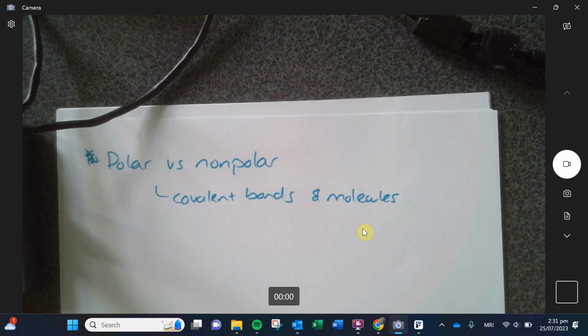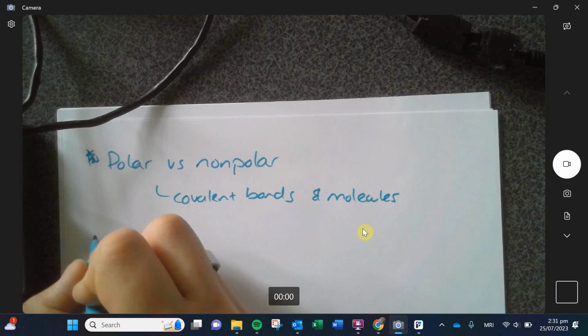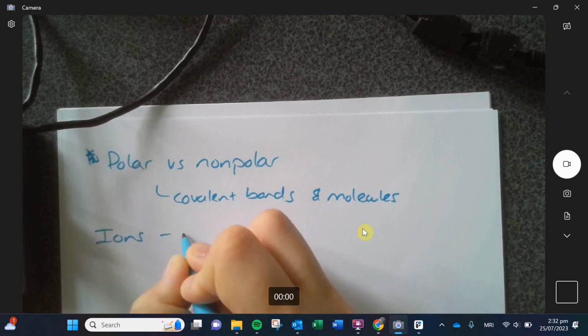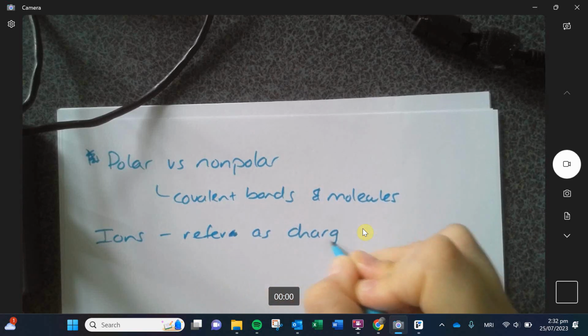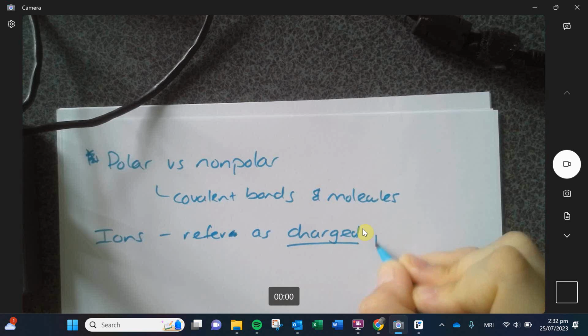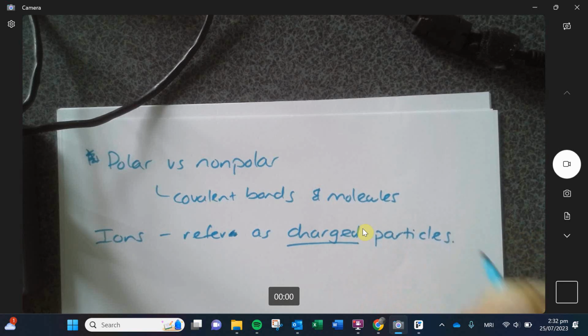If you are talking about ions, you refer to them as being charged particles. So basically what I'm trying to get you guys to be careful of is if you're talking about ions and you're saying, oh, the sodium ion is polar, I would mark you as incorrect because that is not the correct way to describe an ion. You should be describing it as a charged particle or positively charged particle.